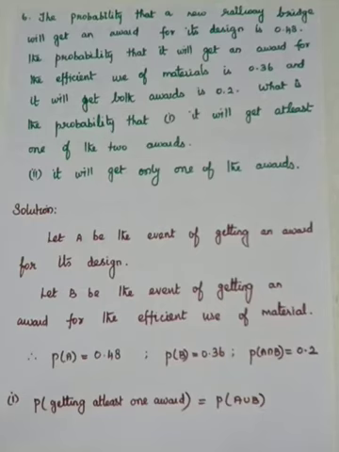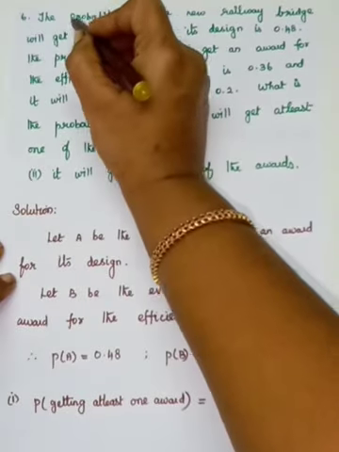So we will get two awards. One is for its design and another one is for the efficient use of material. So we have denoted the award for its design as A event, and the award for the efficient use of material as B event.